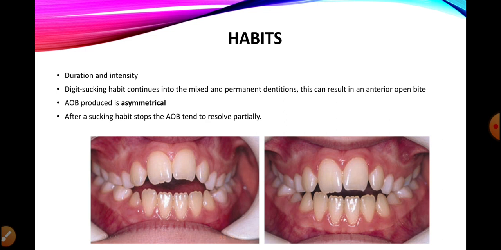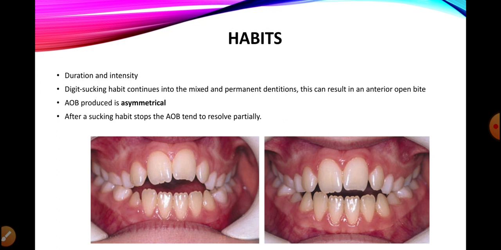Secondly, because the thumb is placed between the incisors, there is a gap between the posterior dentition. Therefore, the posterior dentition has a tendency to erupt. So there will be eruption of the posteriors and non-eruption of the anteriors, which will lead to the development of an anterior open bite.